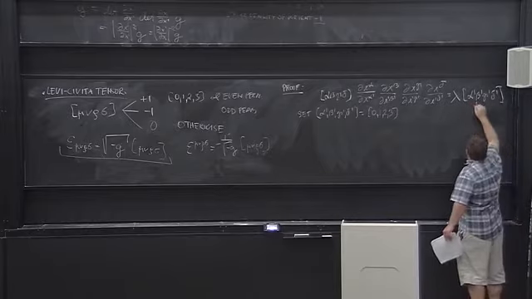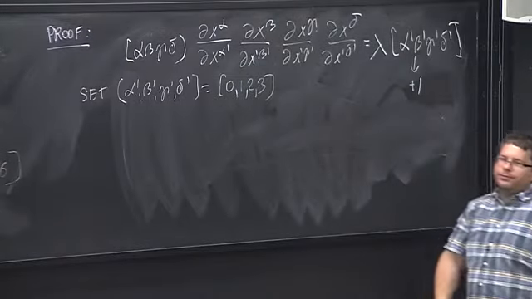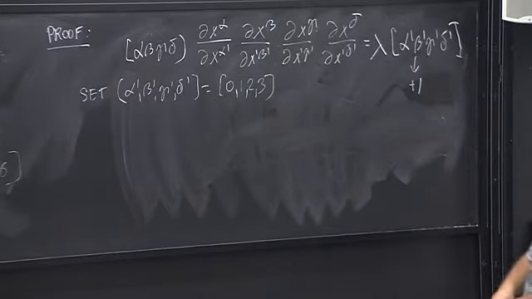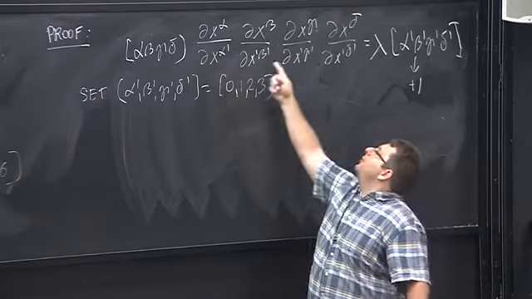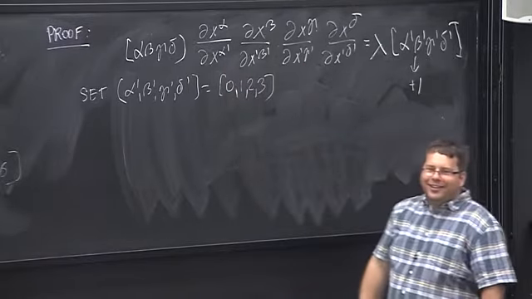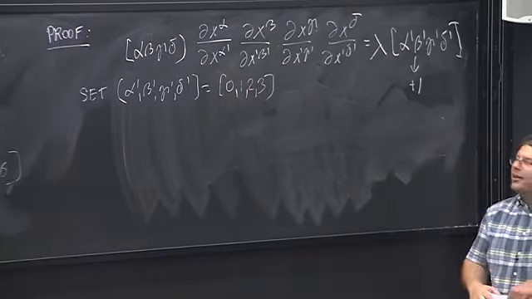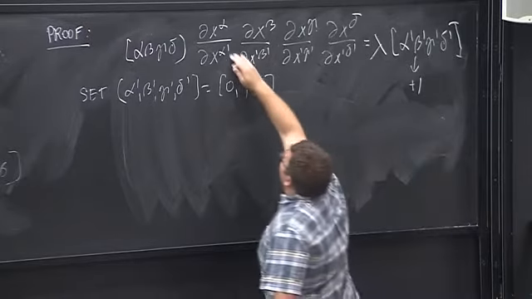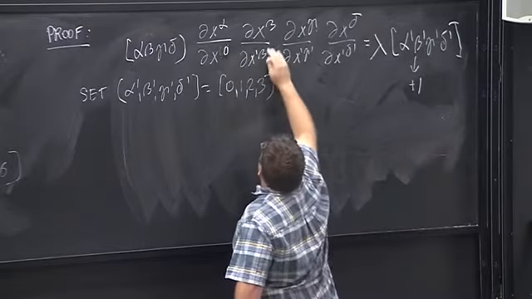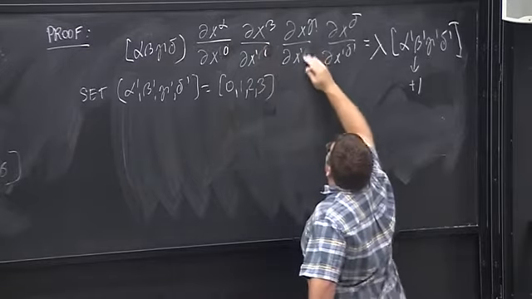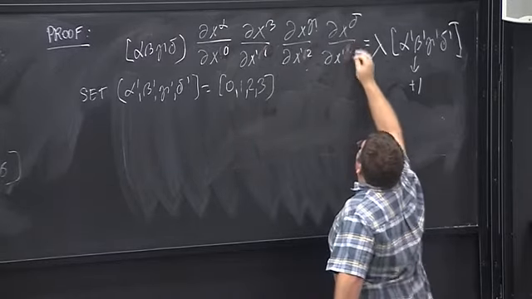So then this thing becomes plus 1, and this thing becomes 0, 1, 2, 3. Okay. So now this thing will be 0, 1, 2, and 3.